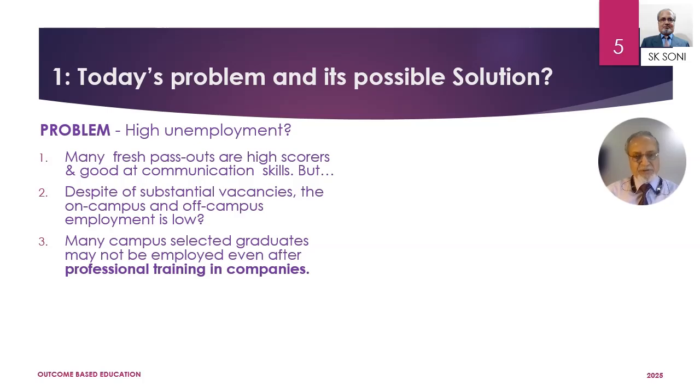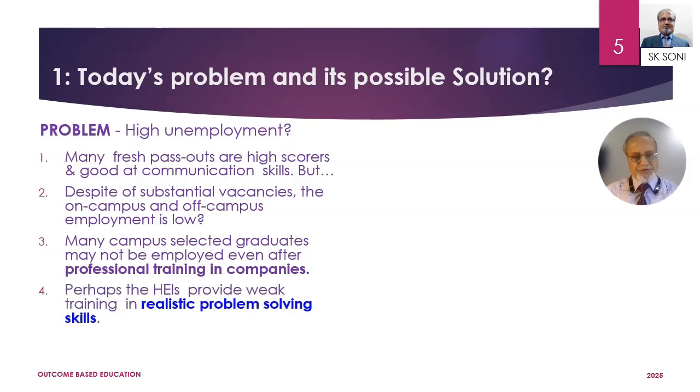Many campus-selected graduates may not even be employed after professional training in the companies. Perhaps higher education institutions provide weak training in realistic problem-solving skills. This seems to be the major problem. So, what can be done?